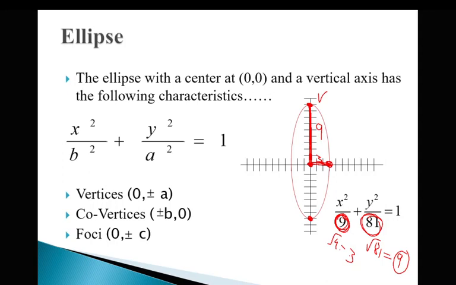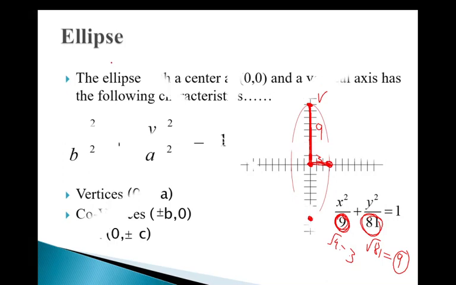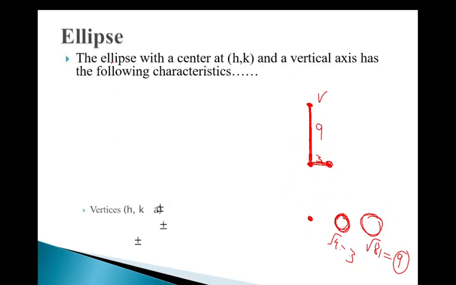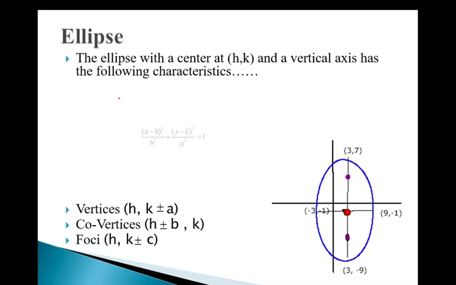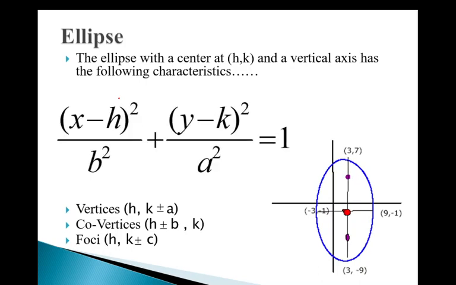And again, if you have an ellipse that's vertically major and not at the origin, then we just have to add h and k in. It's the same equation. And again, you know that this is vertically major because the a is with the y.